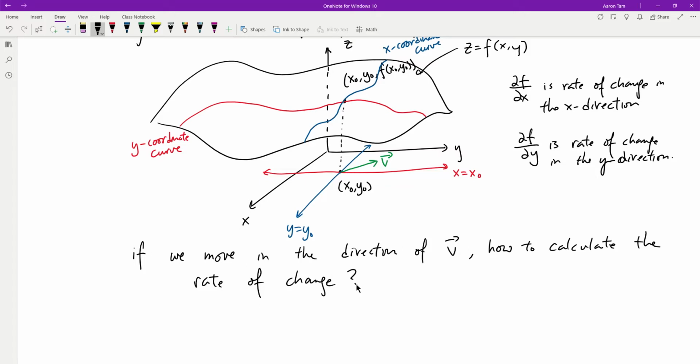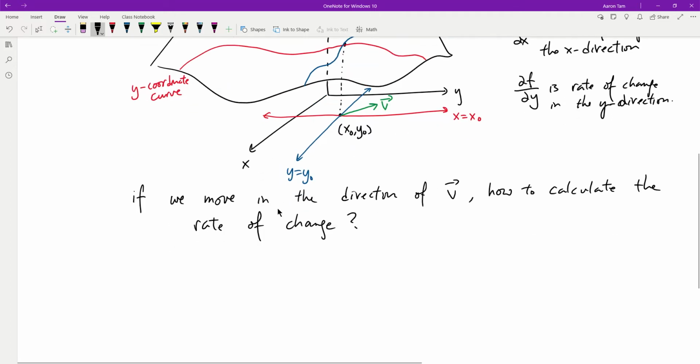If df over dx is the rate of change in the x direction and df over dy is the rate of change in the y direction, then I should be able to pick an arbitrary direction between those two and still be able to find the rate of change in that direction that I choose. And so that's what we're going to try to figure out. What we're looking for actually has a name.